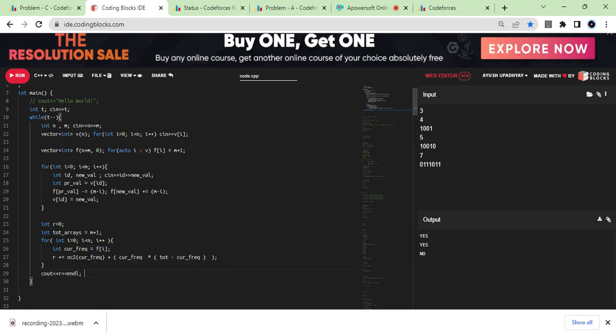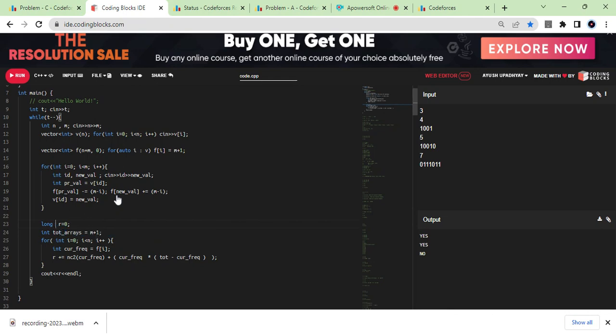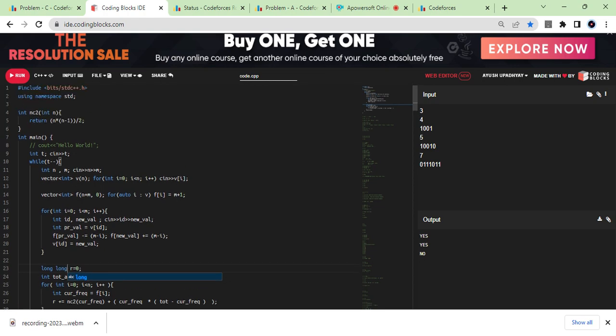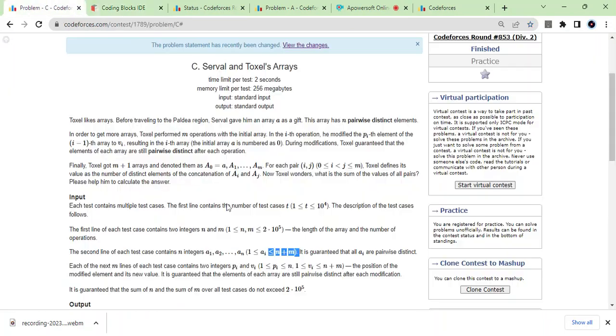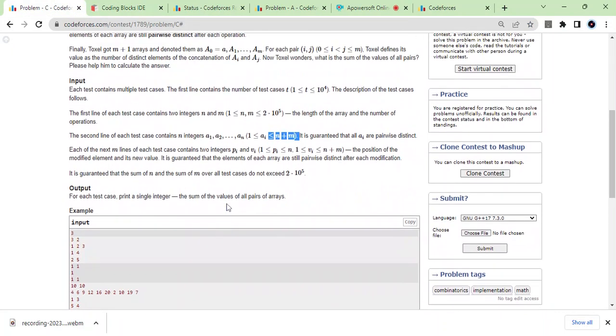I don't think we have to take mod, but yeah, long is fine. That's also long you can do. The thing is, also you can pass this as long. Mod we don't have to take, right?